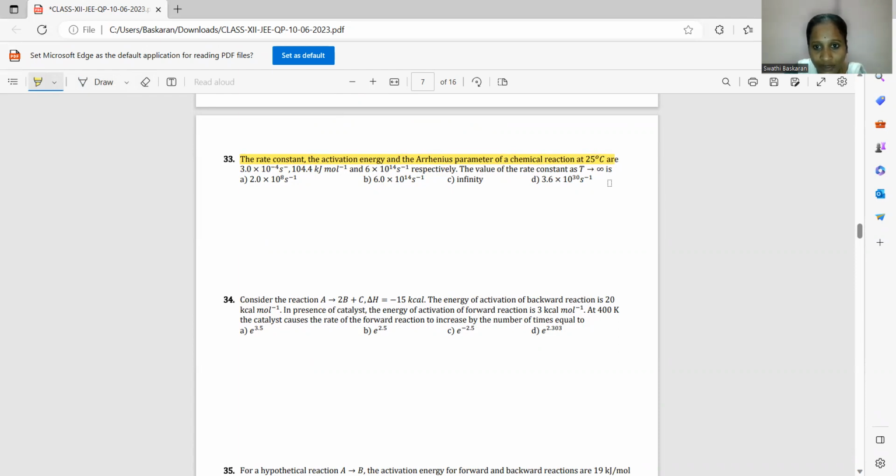The value of rate constant as T is infinity. Okay, as T tends to infinity, then what will be the rate constant they are asking, isn't it? What will be the rate constant value? So we will do this question quickly.